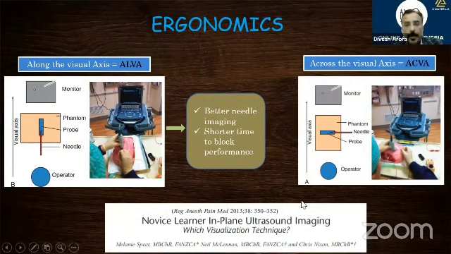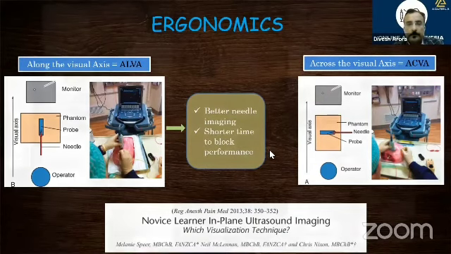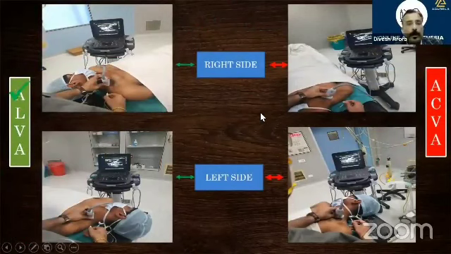There are various studies, I am quoting one of them, showing that whenever we have the long axis of the transducer aligned with the visual axis, which is known as the along approach, we have better needle imaging and we need a shorter time to perform the block. So this is the one which we'll be utilizing for description of interscalene block.